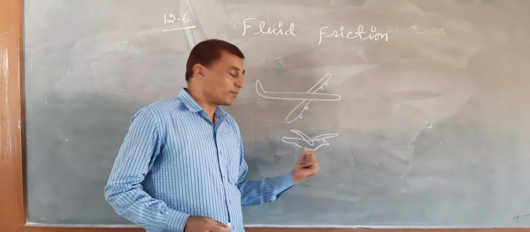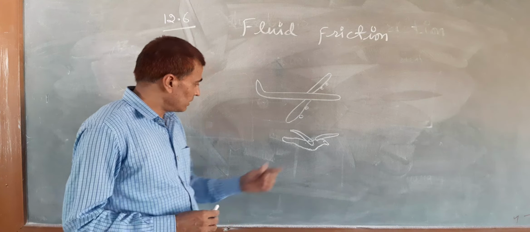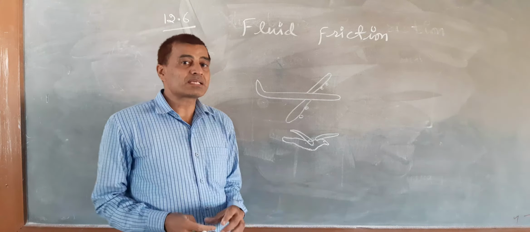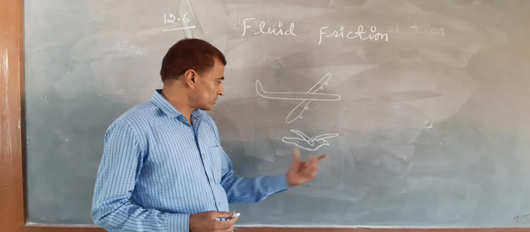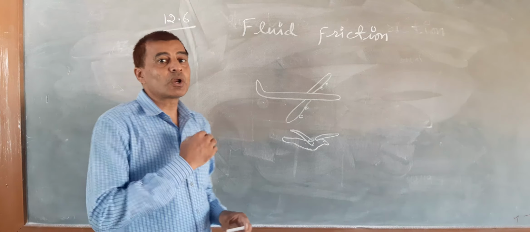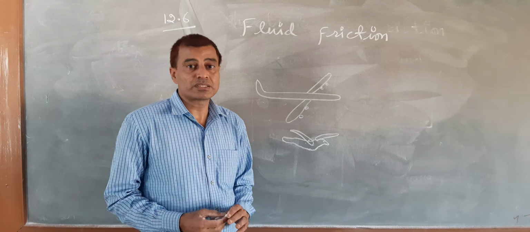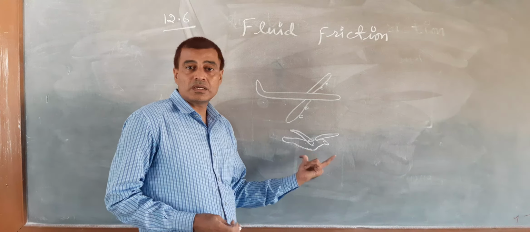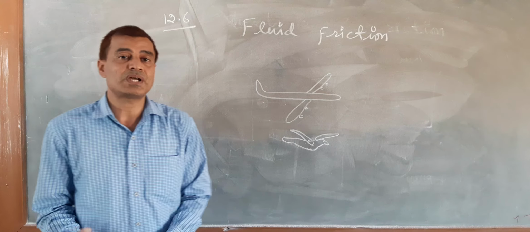Dear children, this is a bird, this is flying, and its body is also shaped in such a manner that this fluid friction becomes smaller. So these are some examples of how to minimize fluid friction, because it converts our energy into heat. It means that it wastes our energy.